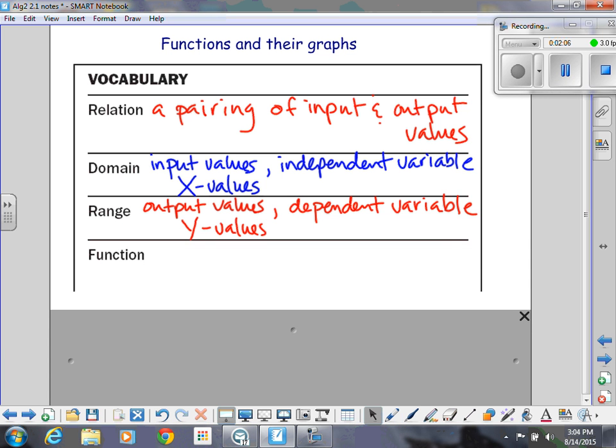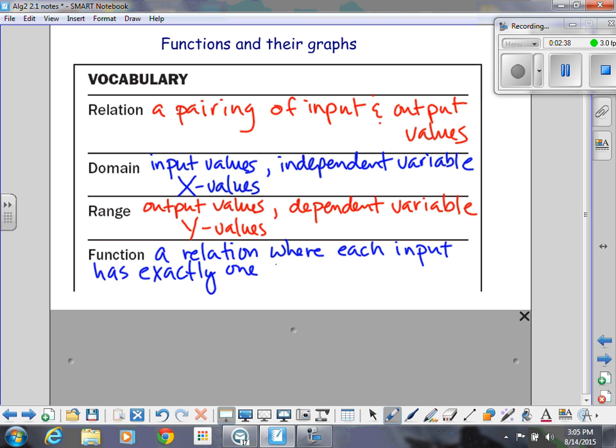Finally, we have function. Function is just a relation, but it has to have a specific kind of relation. So it's a relation where each input has exactly one output.